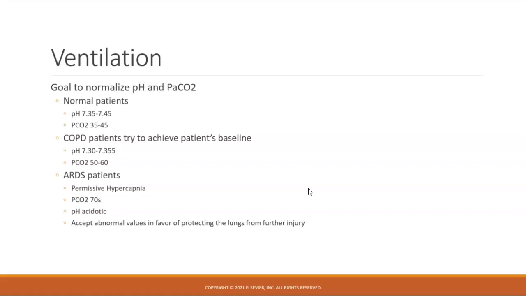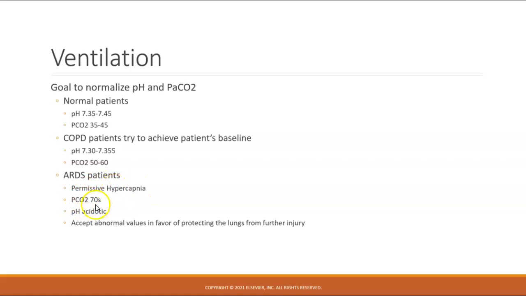But that might result in me not being able to ventilate these patients within the normal pH range, and that is called permissive hypercapnia. When we intentionally say, I know you're not between 7.35 and 7.45, and I'm okay with that, because in order for me to get you there, I would be using way too much pressure.